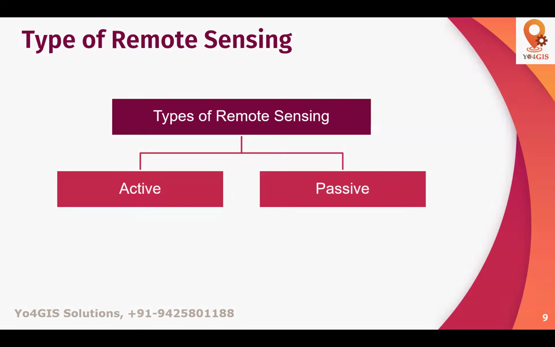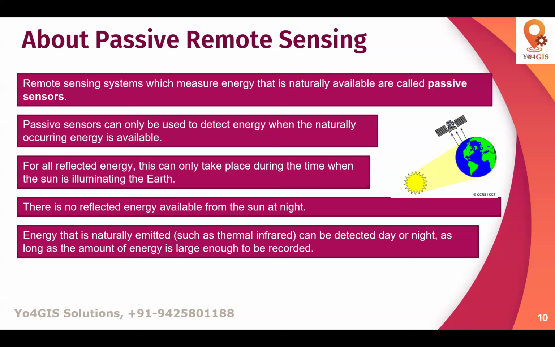So if you remember in the last discussion, if in your mobile you don't have the flash, then we cannot take the photo in night time. We can get the photo in daytime, but we cannot get the photo in night time.